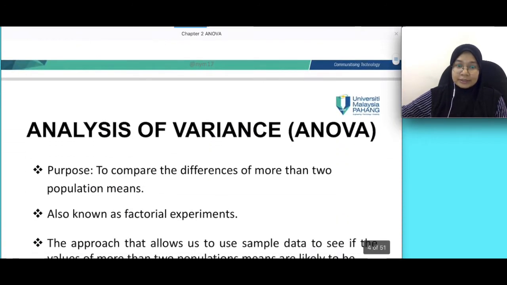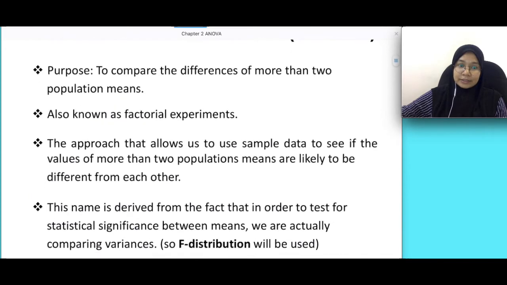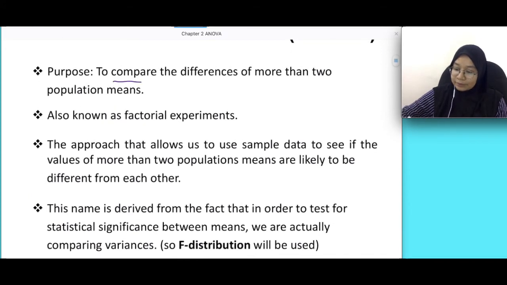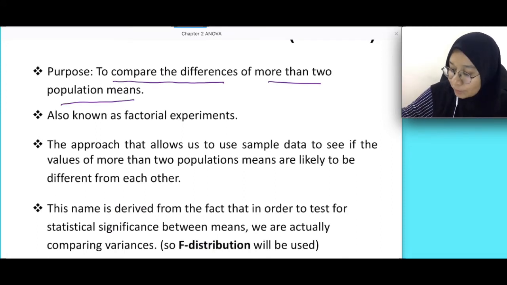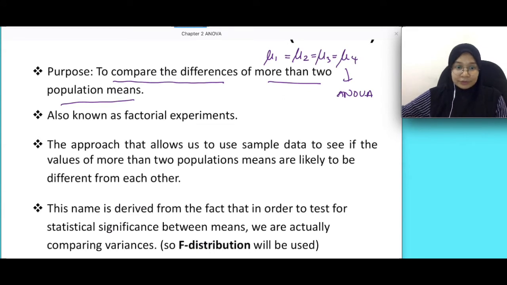Alright, what is the purpose of ANOVA? First, we want to compare the difference of more than two population means. For example, you have mu1, mu2, mu3 and mu4. You want to know, is there a similarity between these four mu? So we can use ANOVA, also known as factorial experiments.